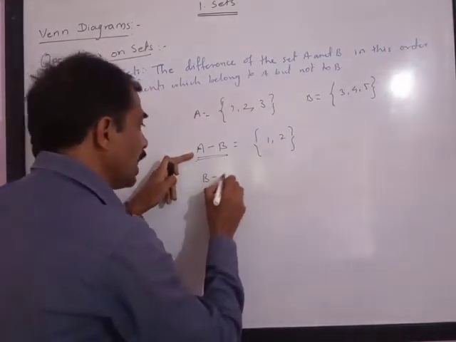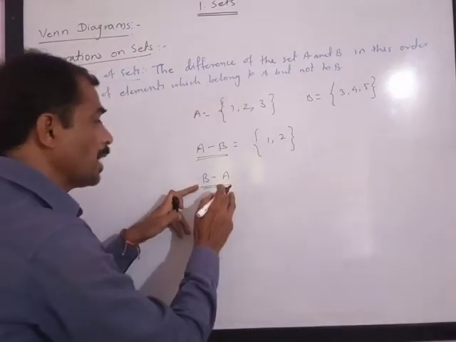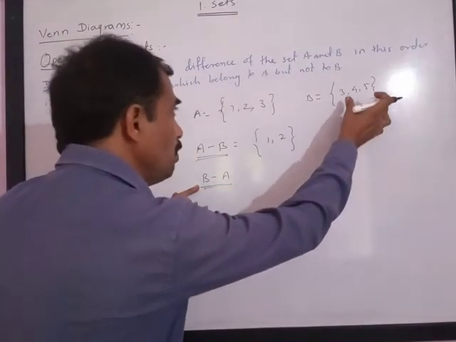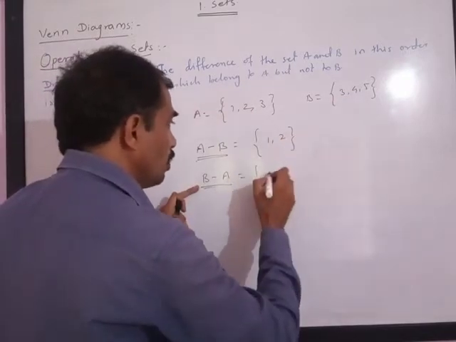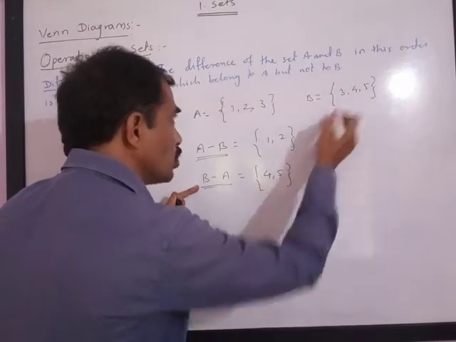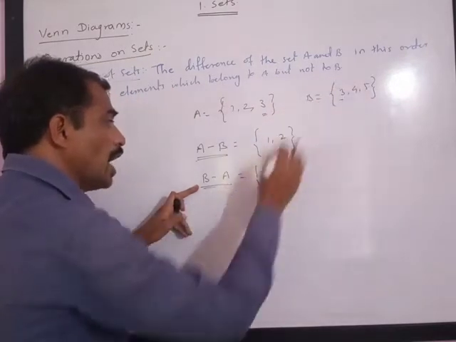And B minus A, if this is the subtraction order, then they must be in B but not in A. So this is equal to the set of 4 and 5. So 3 will get subtracted and you will have the set of 4 and 5.